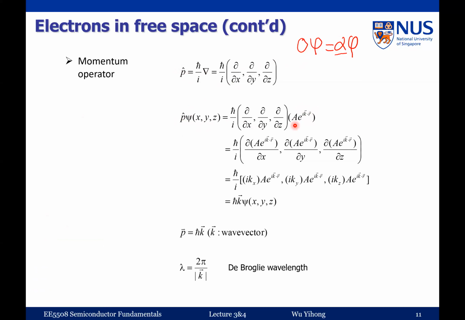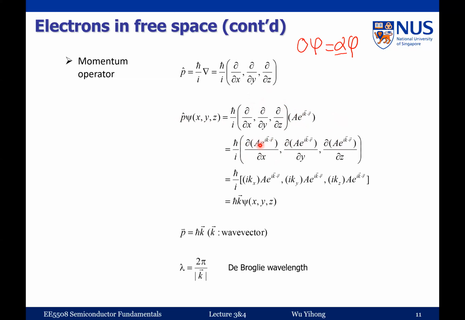This is a free electron wave function, which we just found out, right? Remember, you have 1, 2, 3. These are the components because momentum is a vector, right? Then just put this in here, here, and here. You differentiate with respect to x.